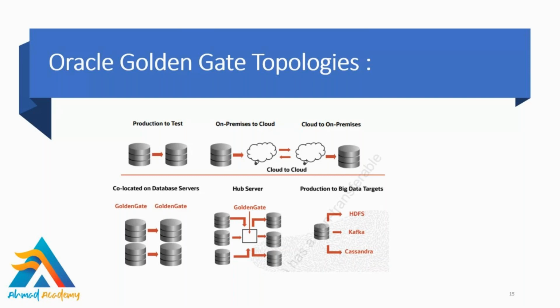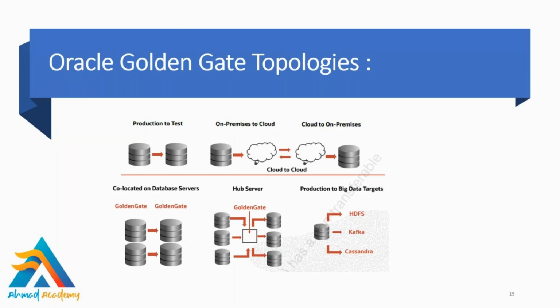Oracle GoldenGate modular architecture supports these kinds of topologies: replicating changes from production to standby, production to test to eliminate the need for scheduled refresh, on-prem database to cloud environment, including private cloud or third-party cloud, and private cloud or third-party cloud to on-premise environment.